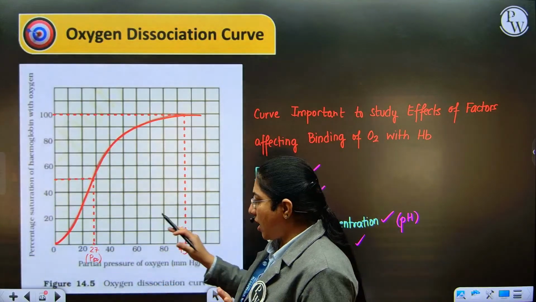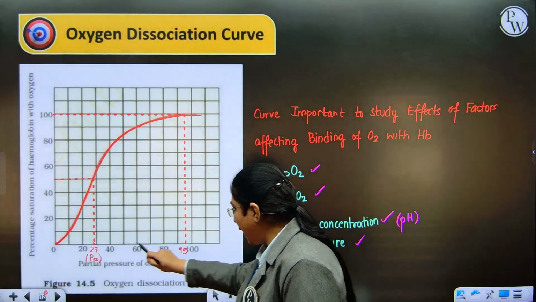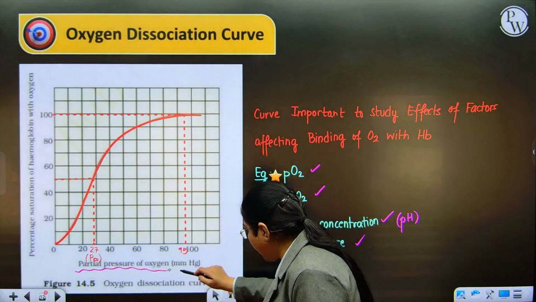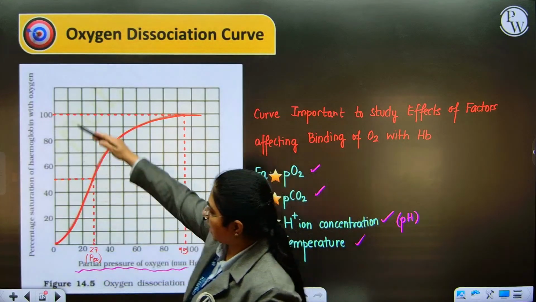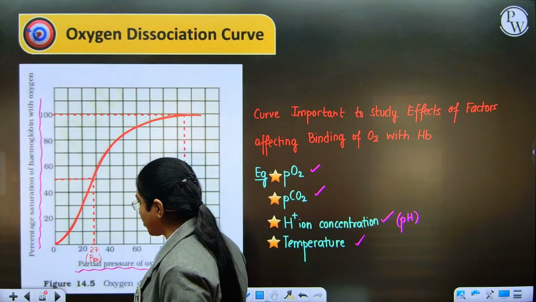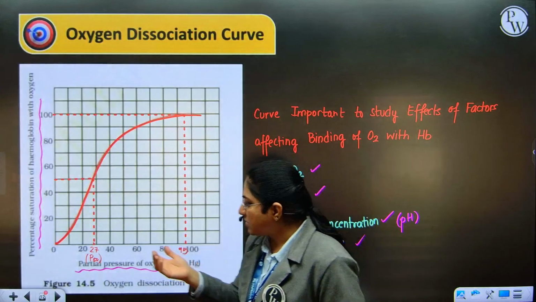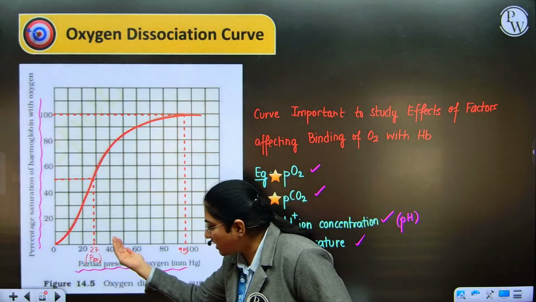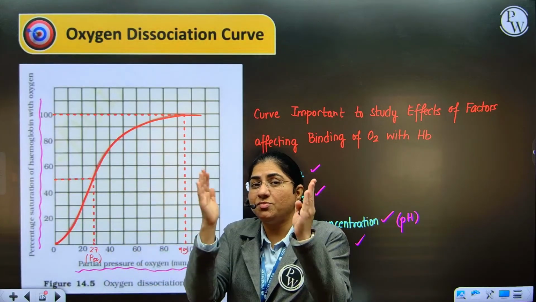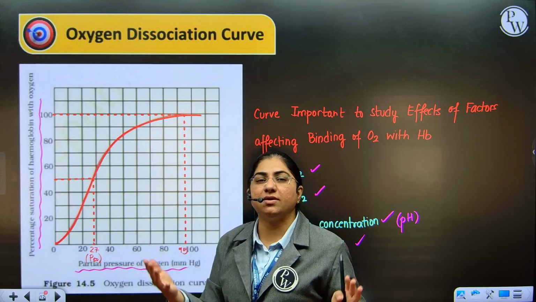If we draw a graph wherein on one axis we take partial pressure of oxygen in mm of Hg and on the other axis the percentage saturation of hemoglobin with oxygen, and we plot a graph, if I keep on increasing the partial pressure, what do you think will happen? Will oxygen bind with hemoglobin or dissociate from hemoglobin?